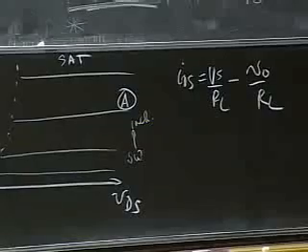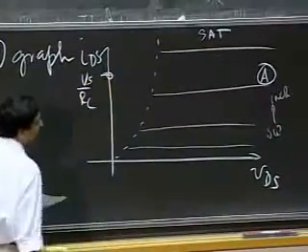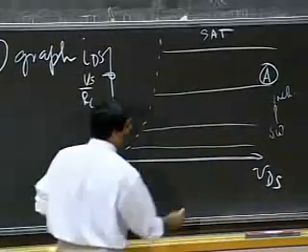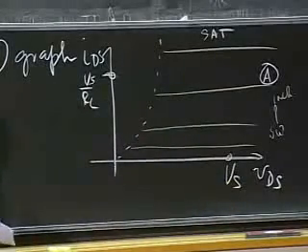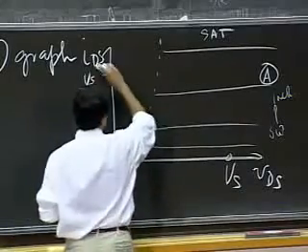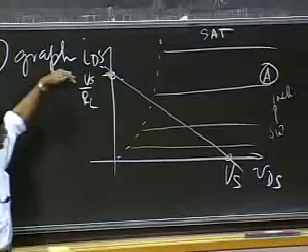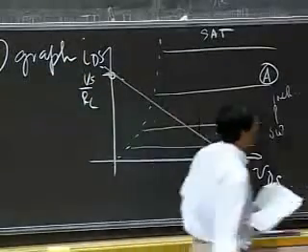When V naught is 0, IDS is Vs divided by RL, and when IDS is 0, V naught equals Vs. Now remember, V naught and VDS are the same. So this is the straight line corresponding to equation B here.